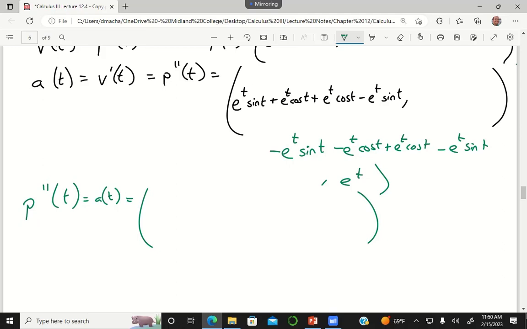The first component simplifies because the e to the t sine t's cancel, and I just get 2 e to the t cosine t. And then in the second component, the cosines cancel, and I get minus 2 e to the t sine t. And then the third component is e to the t. Okay, so that's my second derivative. That's my acceleration.